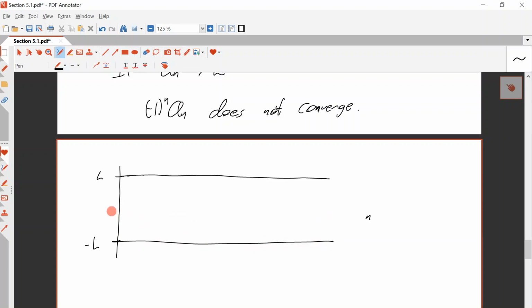Is that not in the middle? Right? So the even ones are going to be up around here.